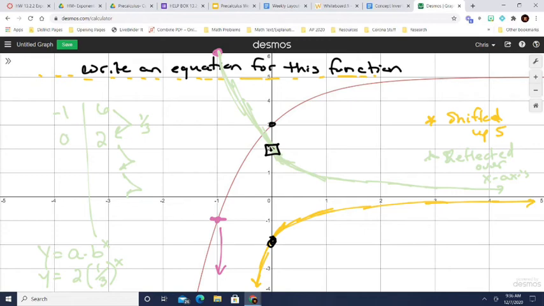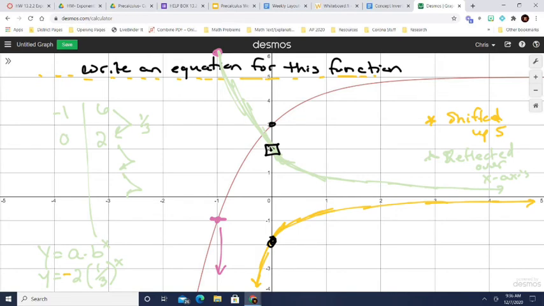Now, let's go back. We want to reflect it over the x-axis to get to the orange. Simple enough. Making any function negative, multiplying it by a negative, will flip it over the x-axis. And then I want to shift it up 5 to get it back to the original.